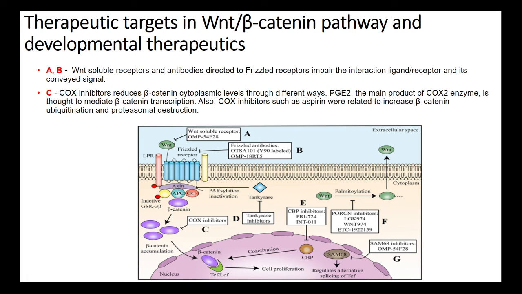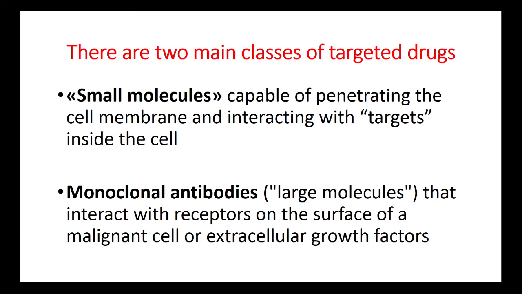And here, the second variant is antibodies, that is monoclonal antibodies or large molecules. They cannot get inside cells, and they interact with receptors or ligands on the surface of a malignant cell or extracellular growth factors.